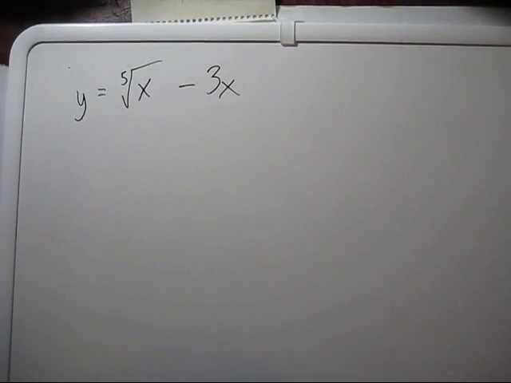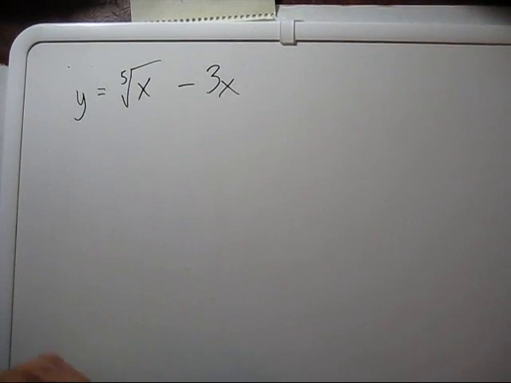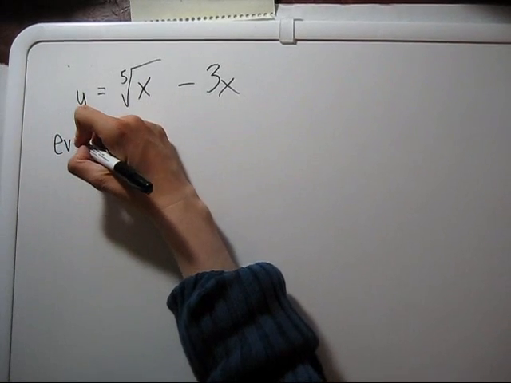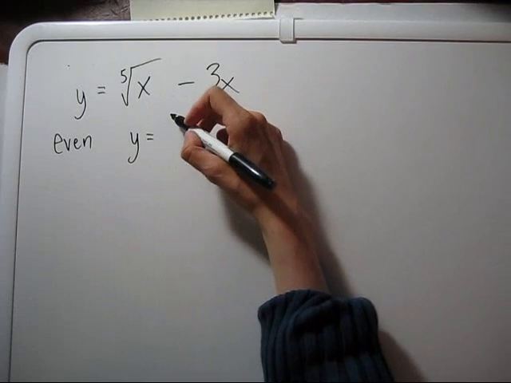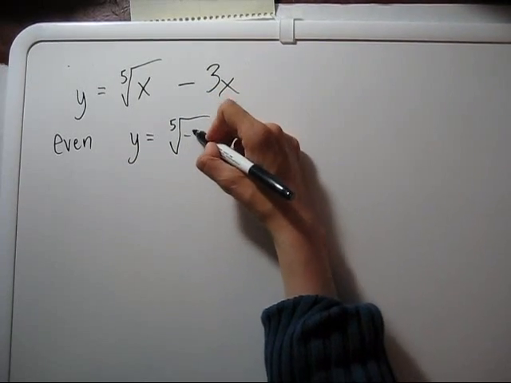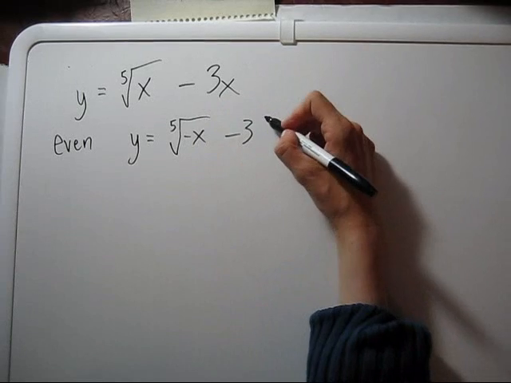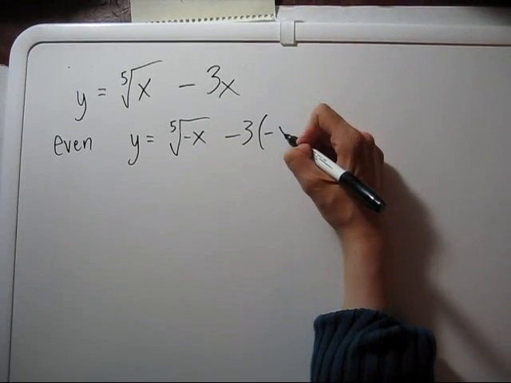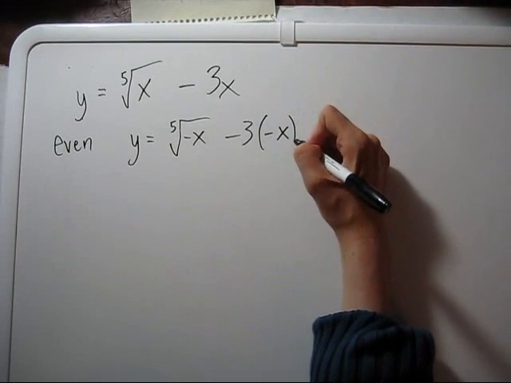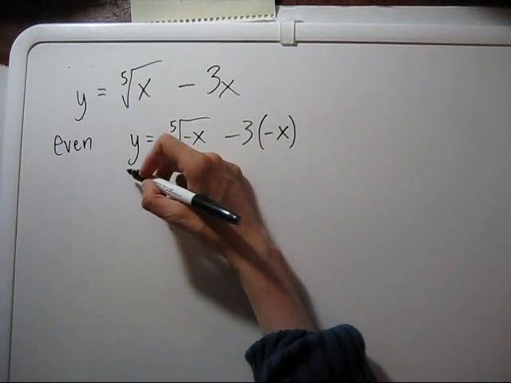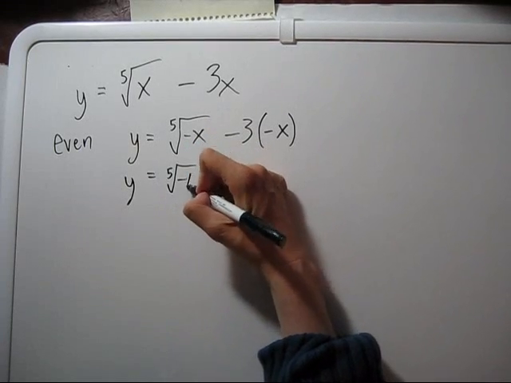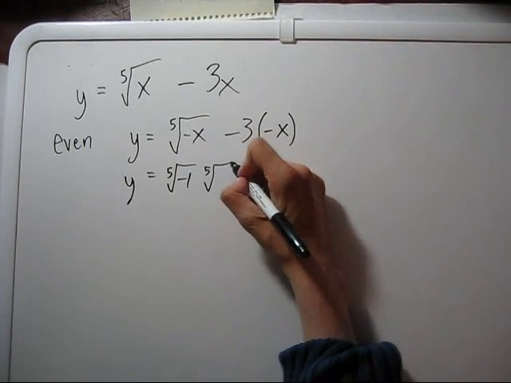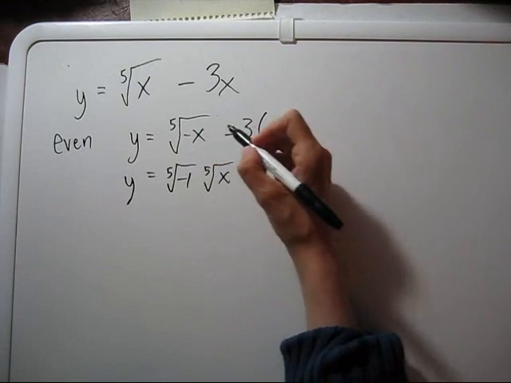Let's test y equals fifth root of x minus 3x for being even or odd. So for even, we're going to replace the x with a negative x. Okay, well, this is the same as the fifth root of negative 1 times the fifth root of x, because this is negative 1 times x.